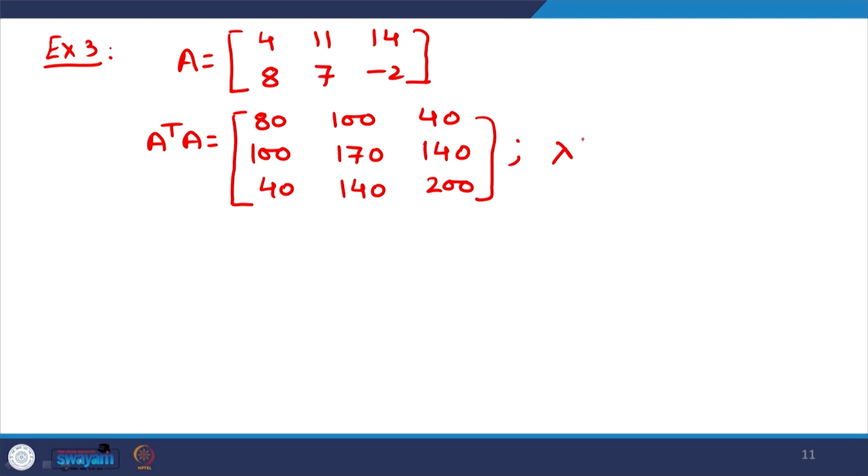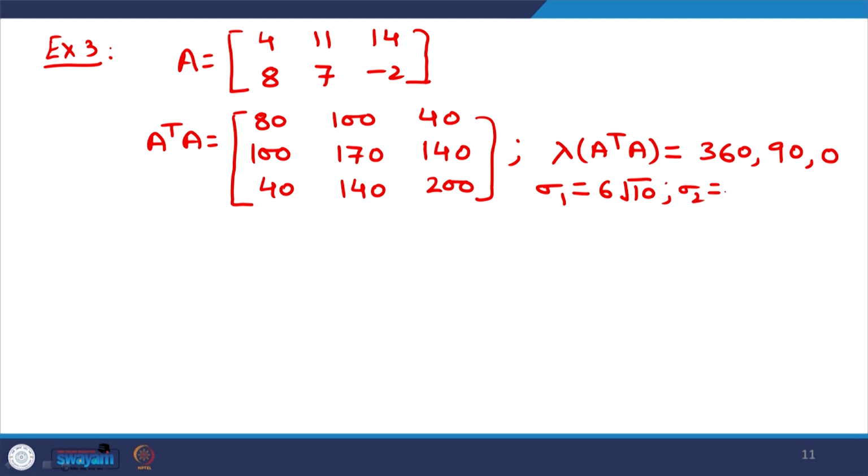Now, the eigenvalues of A transpose A come out to be 360, 90 and 0, which gives the singular values of A: sigma 1 is root 360, that is 6 root 10, sigma 2 is root 90, that is 3 root 10, and sigma 3 equals 0.